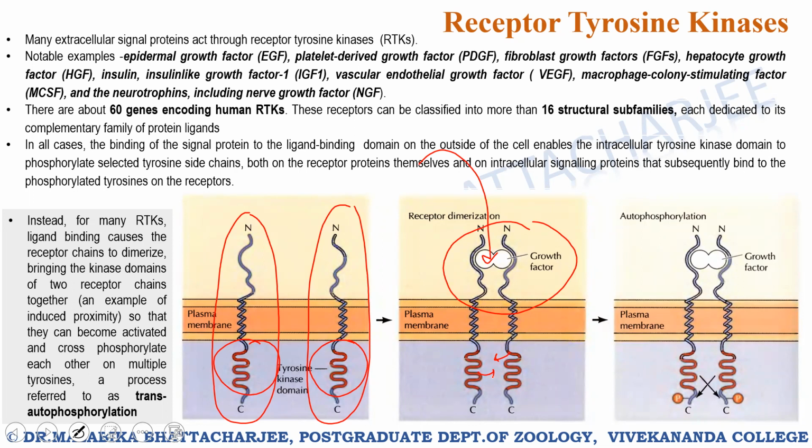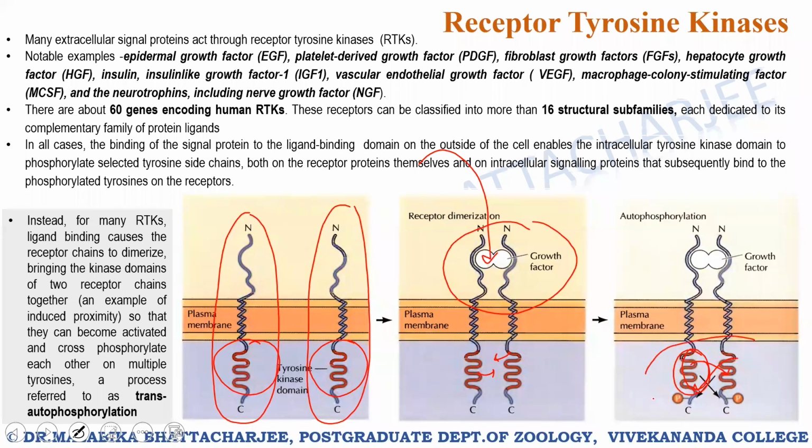As they move near each other, this tyrosine kinase domain phosphorylates the tyrosine residues on the other receptor, and this tyrosine kinase domain phosphorylates the tyrosine residues on the first receptor. So they just crosstalk and they become activated by cross phosphorylation on multiple tyrosines.